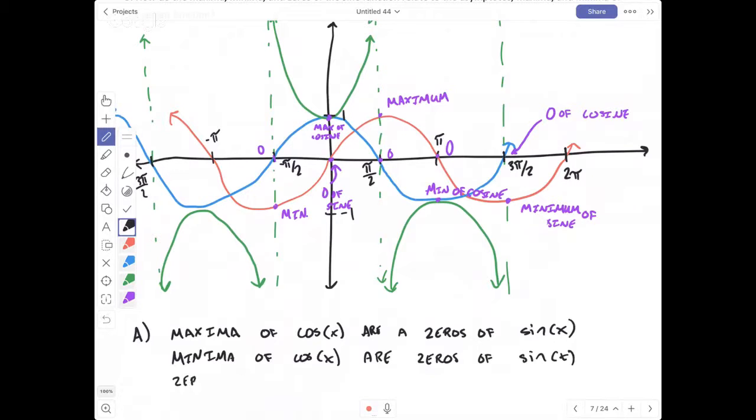The zeros of cosine x are maxes and mins of sine of x. Cool.